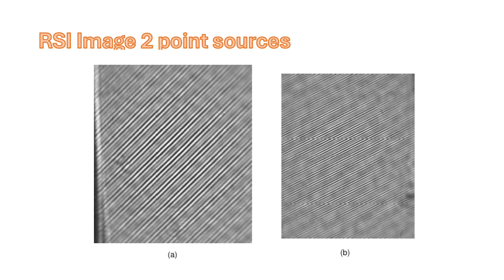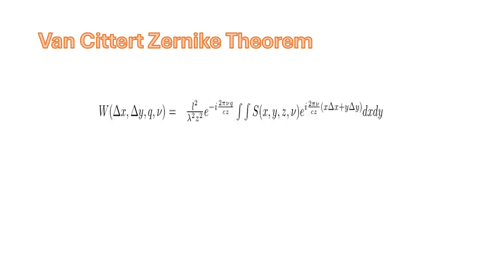A single point source interfered with itself would create a cosinusoidal pattern. If you have 2 point sources, as is shown here, you see this kind of beat frequency between 2 different point sources. We know that if we take the Fourier transform of W of delta x, delta y with respect to space, we would recover the power spectral density for those 2 point sources.